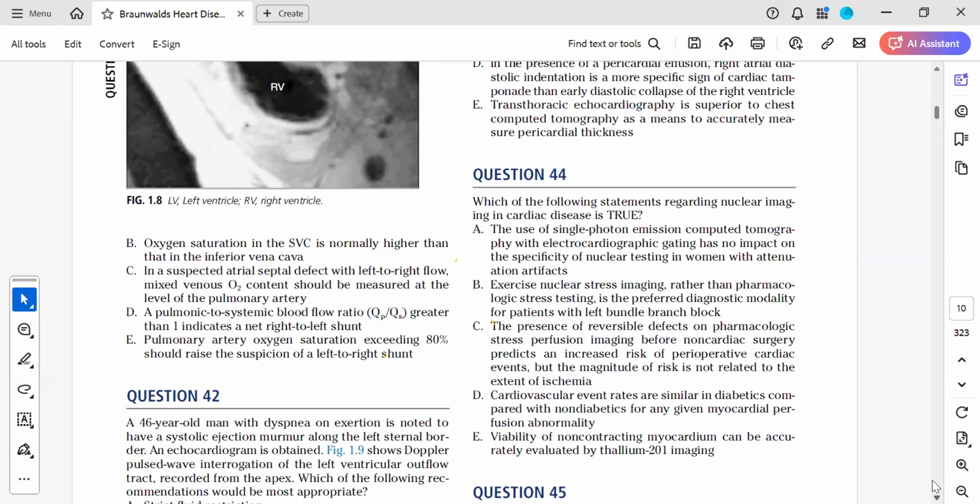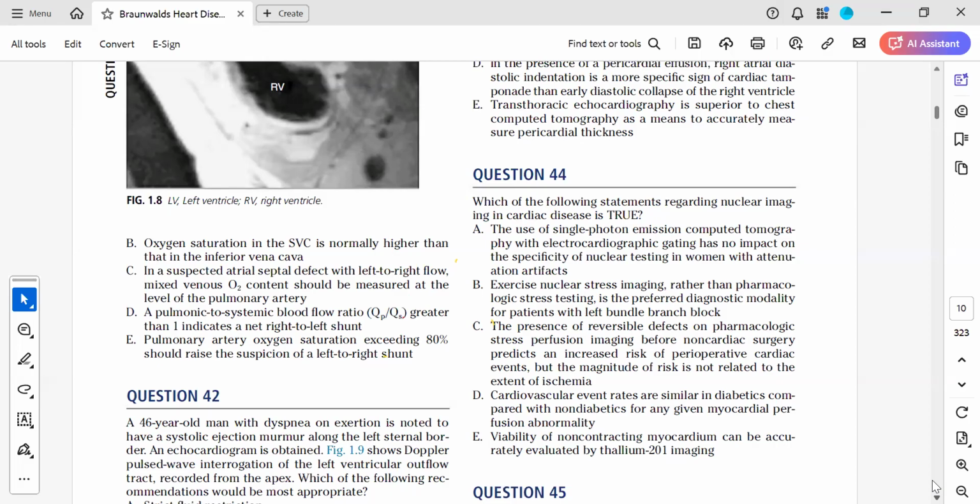So the answer for that was that it was a breast attenuation artifact for the patient in that question, because with electrocardiographic gating there was adequate contraction, even though there was a fixed defect with stress and exercise.